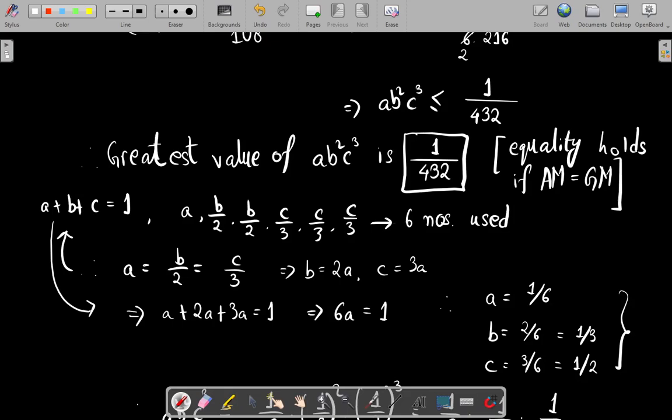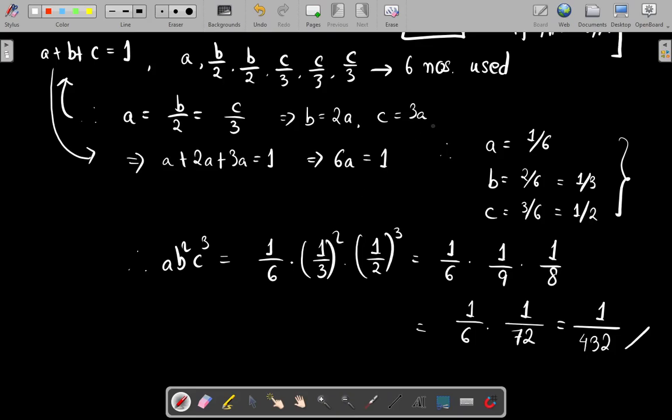Otherwise the arithmetic mean will be greater than that. So the greatest value of this is 1/432, and the equality condition gives us these values of a, b, and c. And we can verify that when we take these values, the value of ab²c³ is actually 1/432.